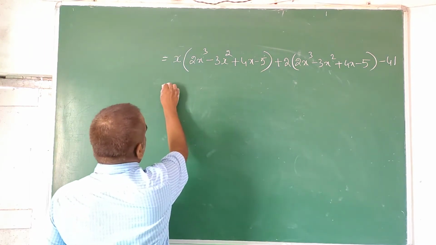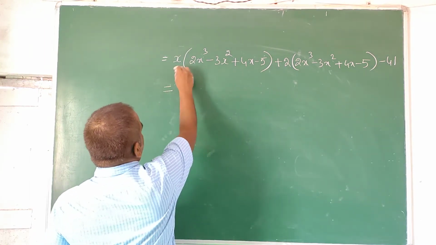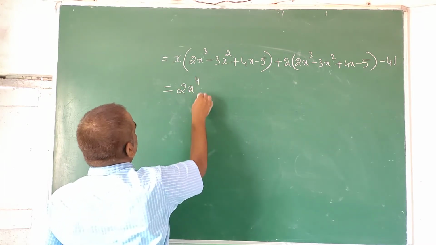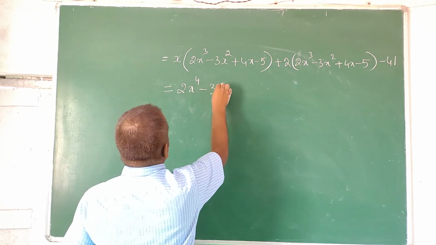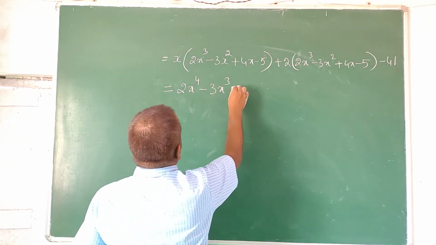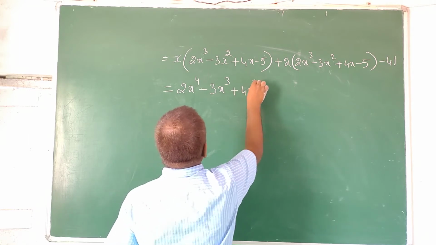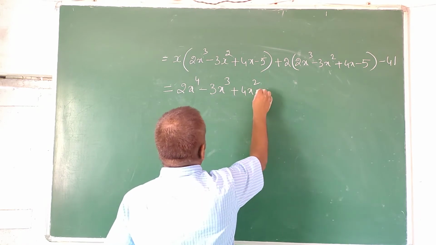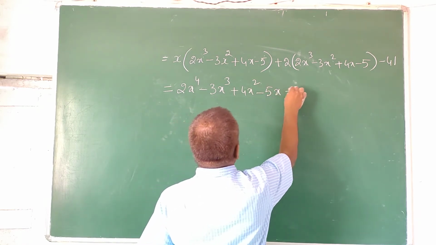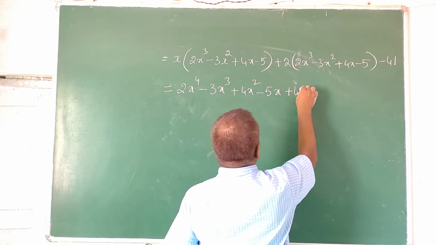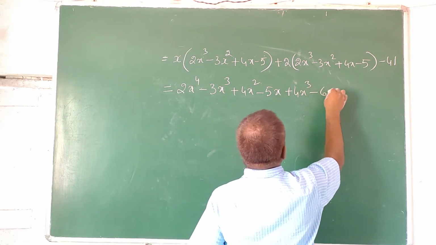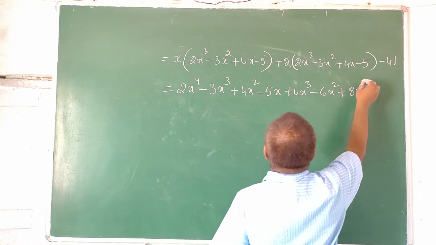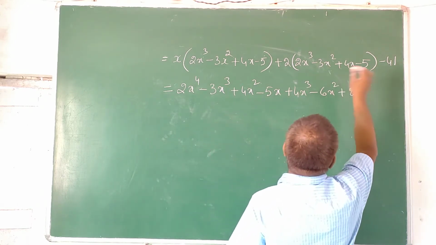So now this is equal to, now you multiply, so 2 into x power 4 minus 3 into x cube plus 4 into x square minus 5x plus 2 to the 4x cube minus 6x square plus 8x minus 2 5 are 10.